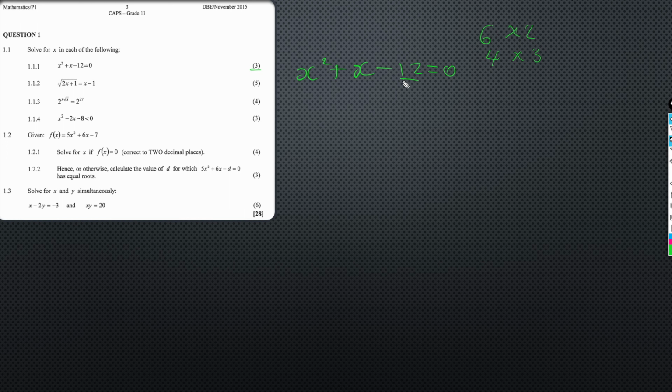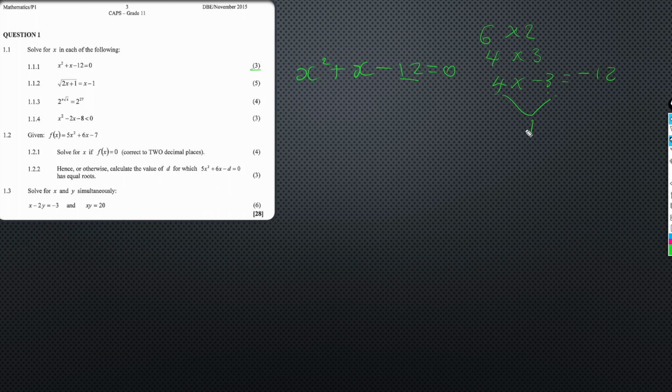Since this one is negative and this one is positive, we have to make sure that one is negative, so that when we multiply them, we are going to get negative 12. So if we say 4 times negative 3, then this equals negative 12. Now we can add both numbers.